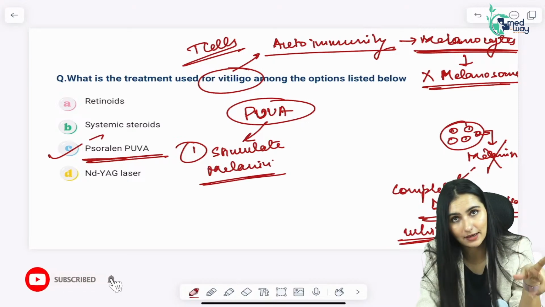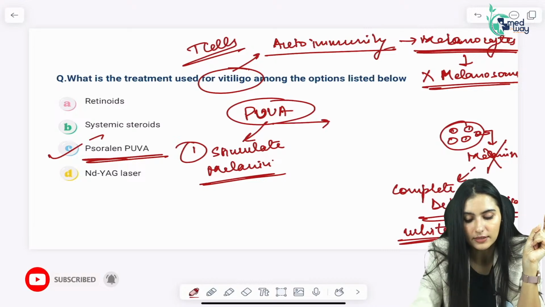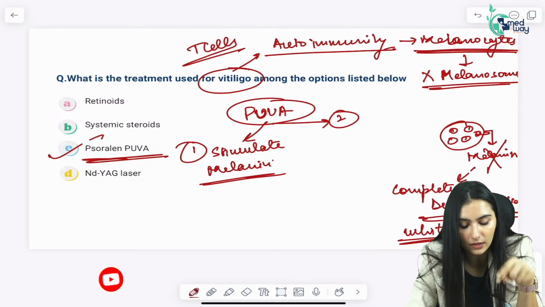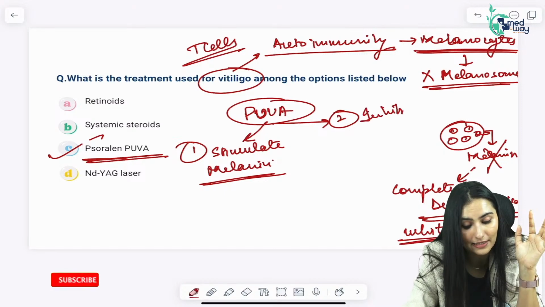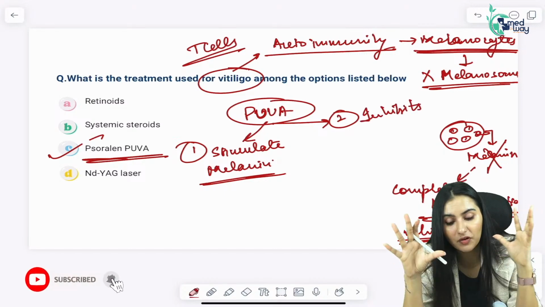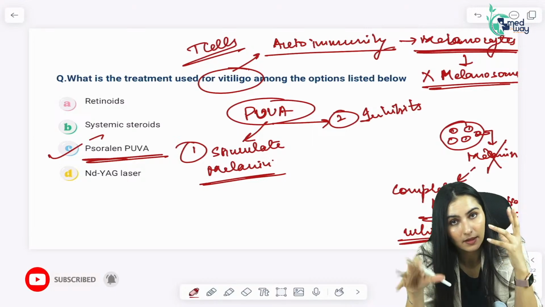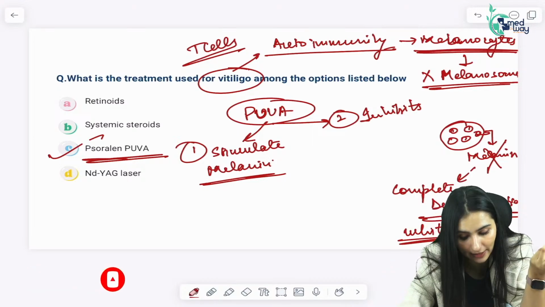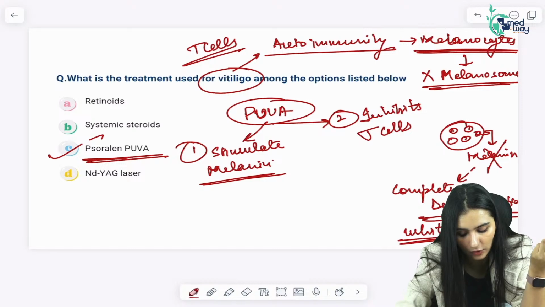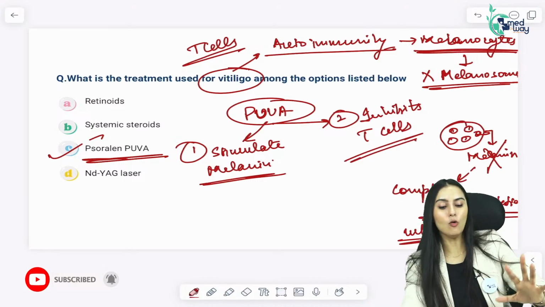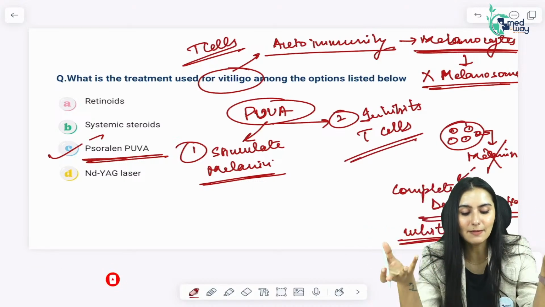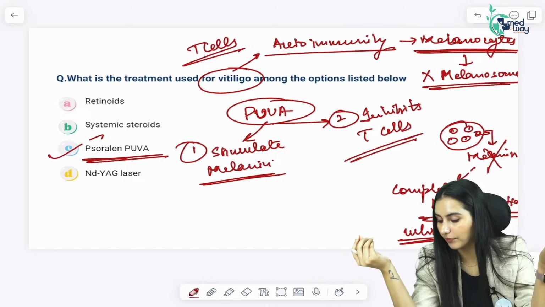The second thing is that it inhibits the T cells that were going crazy and destroying your melanocytes. So now your melanocytes are also safe. This is how PUVA helps people with vitiligo.